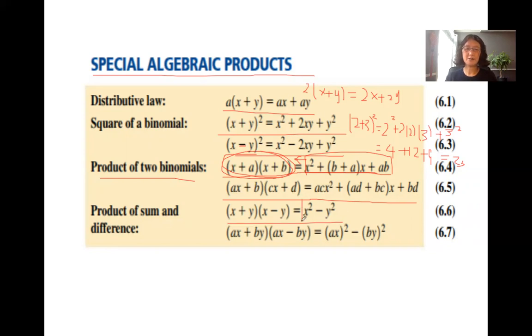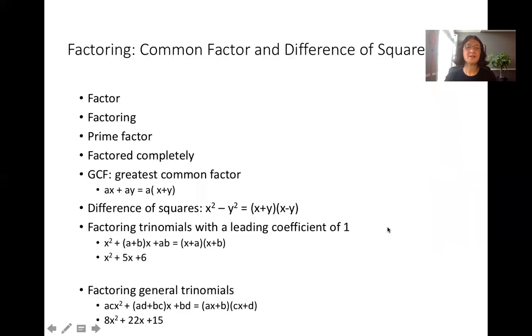If you take a look from right-hand side to left-hand side, so how do you factor x squared minus y squared? It is equal to x plus y bracket times another bracket, x minus y. Okay. And similar here. Okay. So this is now the last topic, factorization.